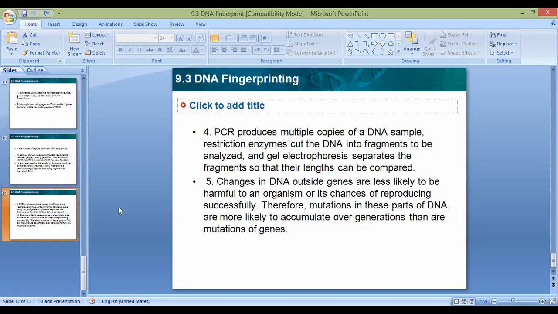Do you understand? Miss, non-coding mutations are free to mutate because they have no protein product, right? It doesn't make protein, you mean?